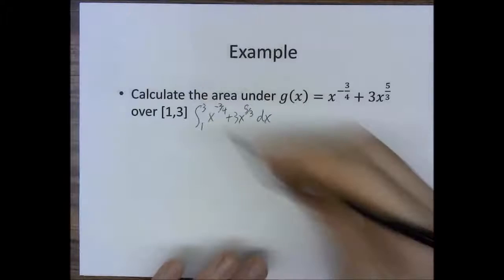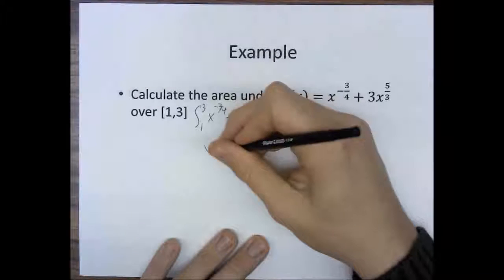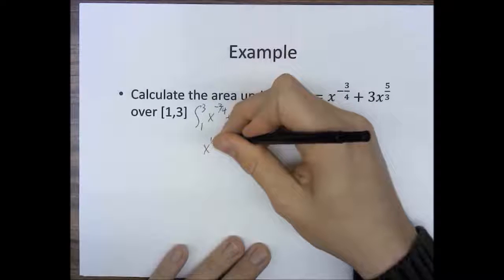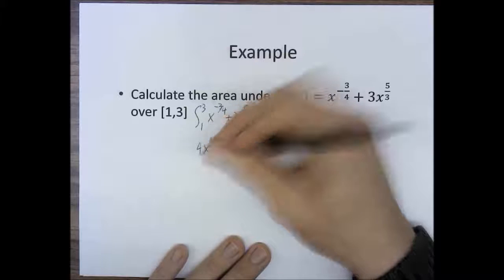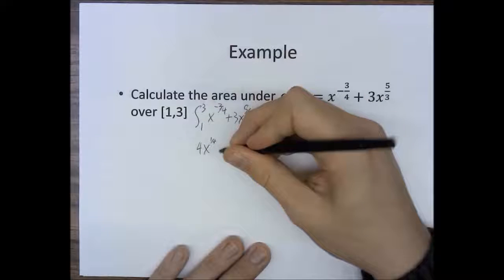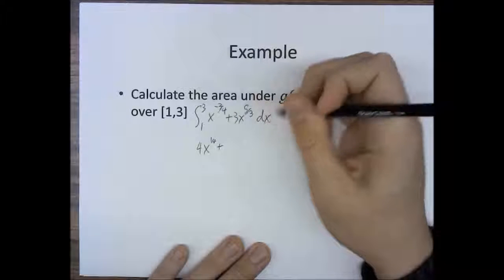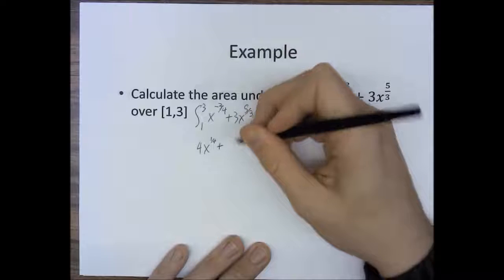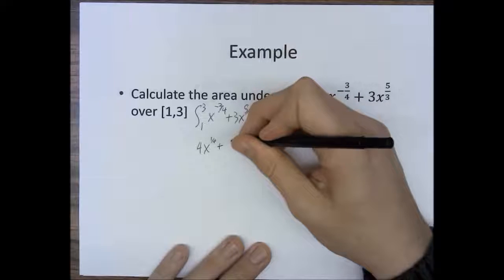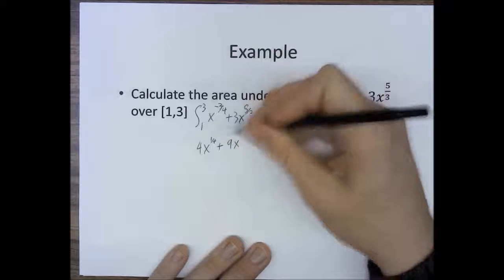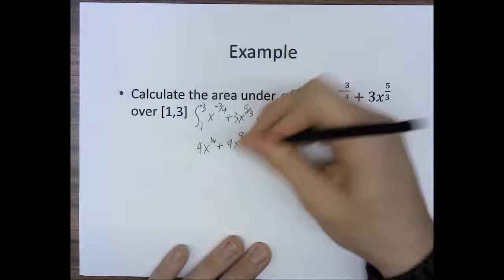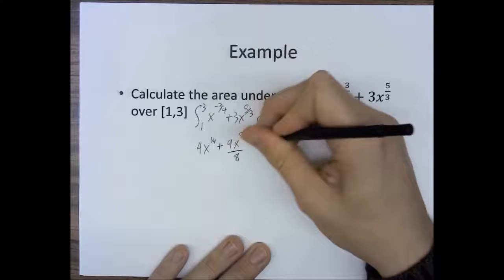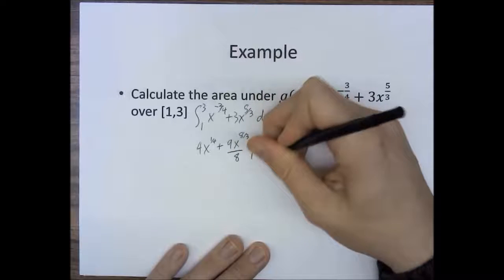Figuring out our antiderivative is going to be 4x to the 1/4 power plus 9x to the 8/3 power over 8, and we are evaluating that from 1 to 3.